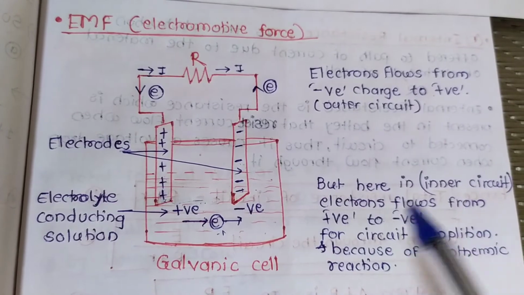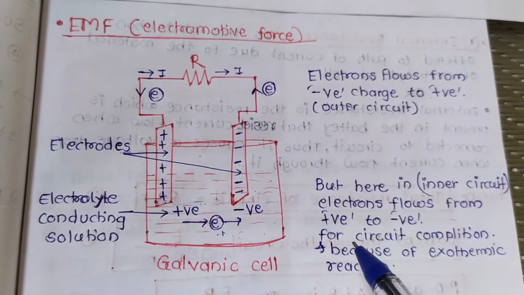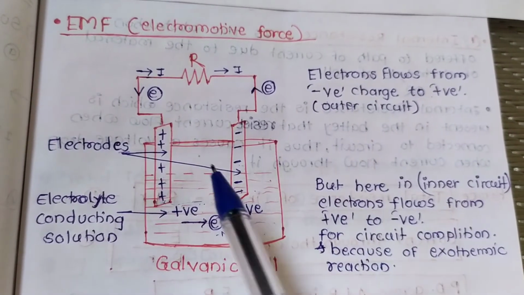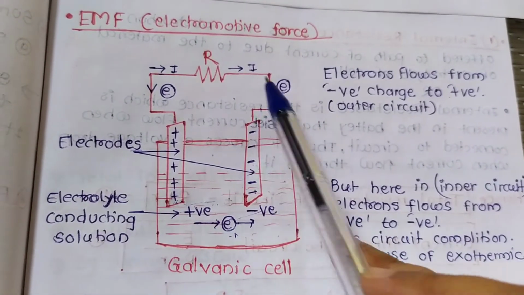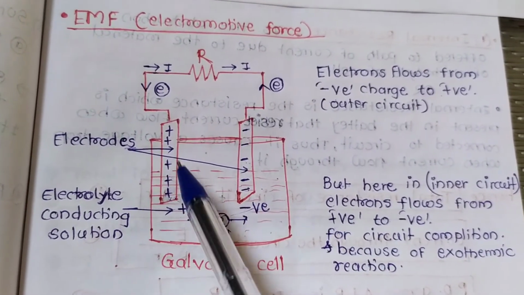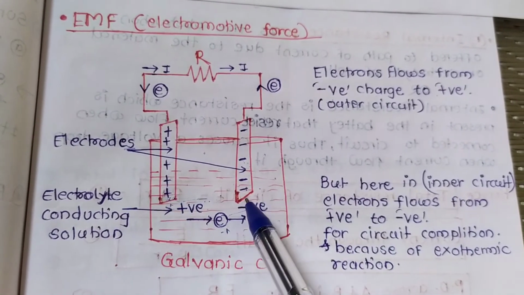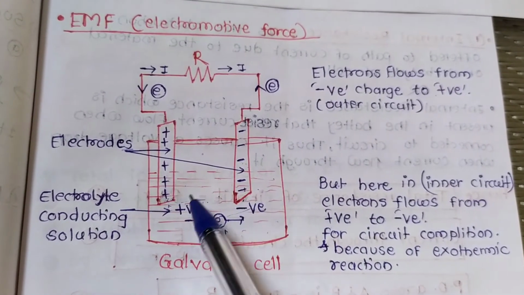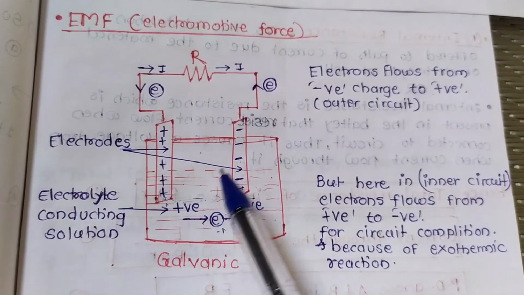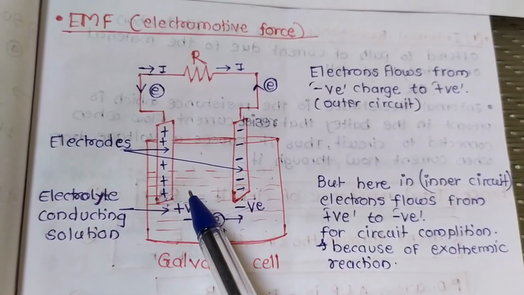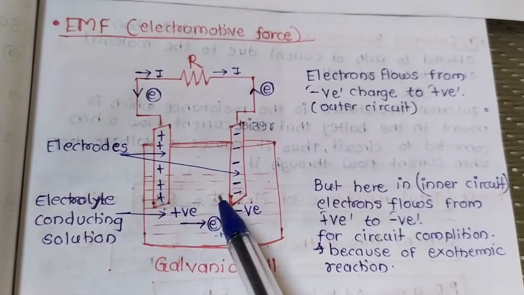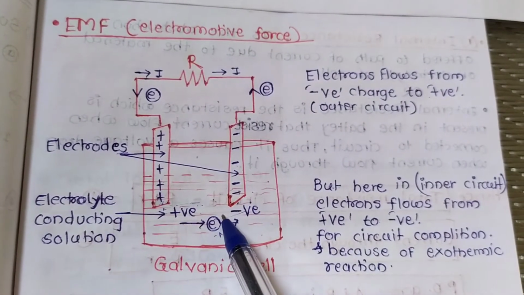Only when electrons flow from this positive to this negative electrode will the circuit complete.